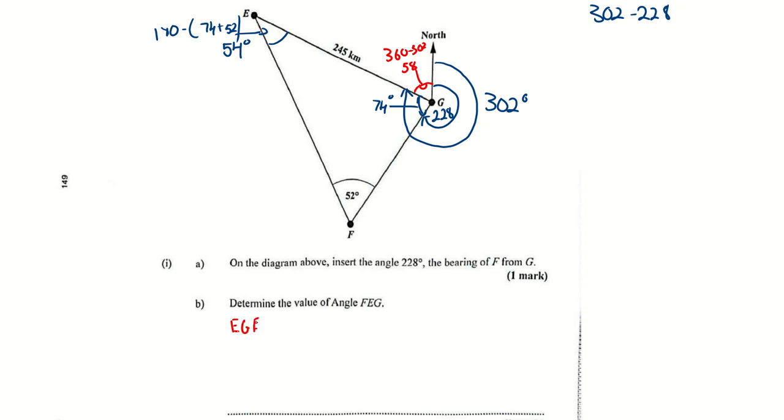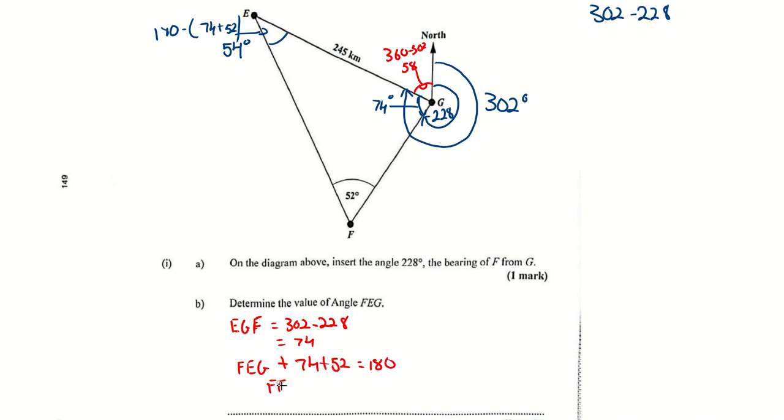So you just needed to say EGF was 302 subtract 228, which equals 74, and FEG plus 74 plus 52 is 180.